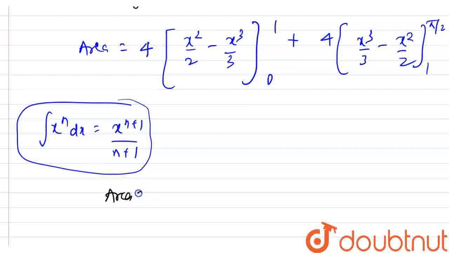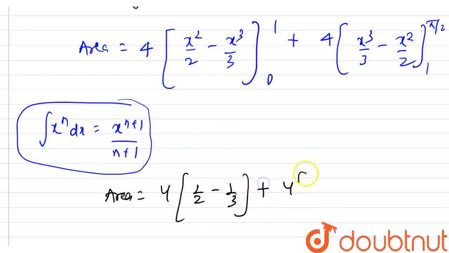So my area will be equal to 4 times, on putting 1 it will be 1 by 2 minus 1 by 3, on putting 0 it will be completely 0, plus 4 times pi cube by 8 times 3 is 24, minus pi square by 4 times 2 is 8, minus the lower limit, on putting 1 it will be 1 by 3, and it will be plus 1 by 2.